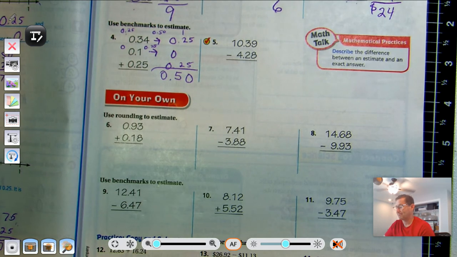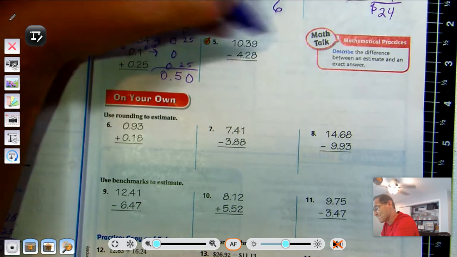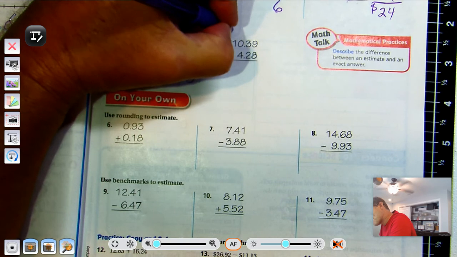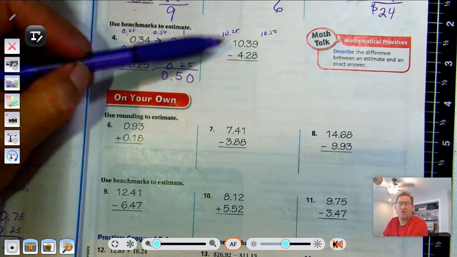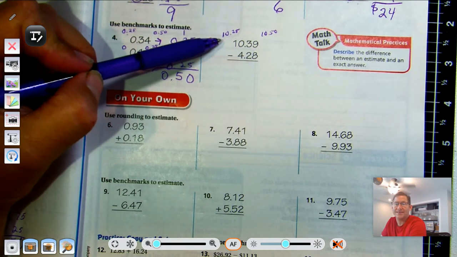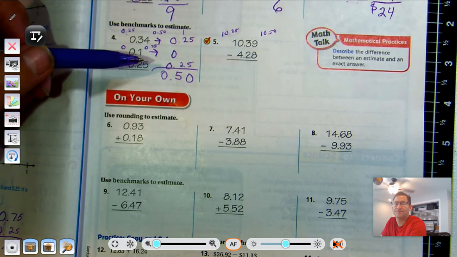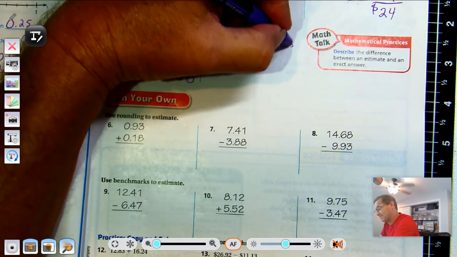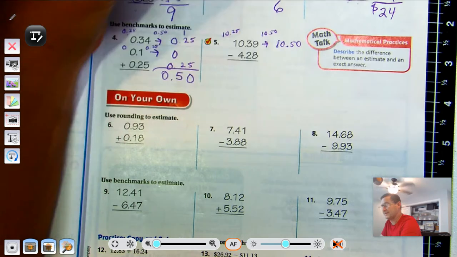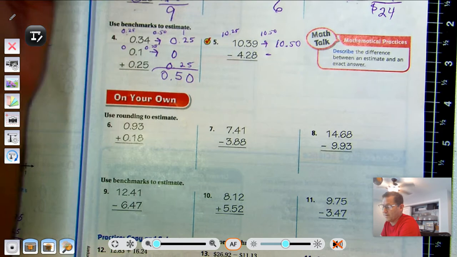Number 10. All right, so I know 10.39 is in between 10.25 and 10.50. It's closer to 10.50. 10 and 50 hundredths take away 4 and 28 hundredths.